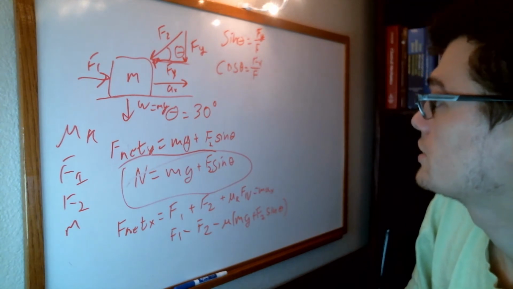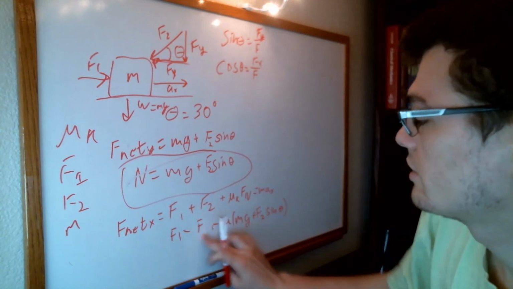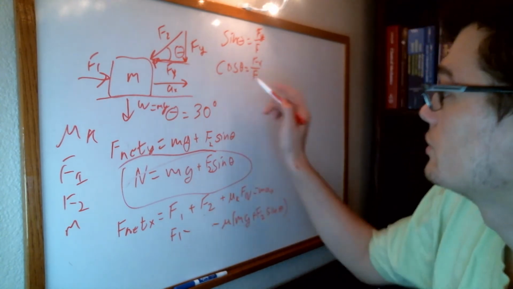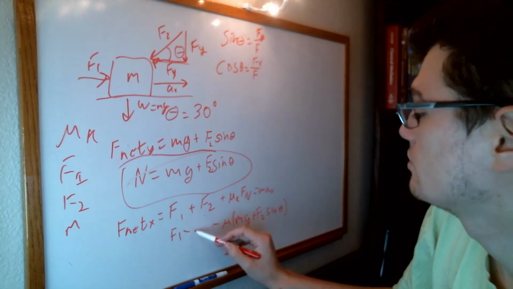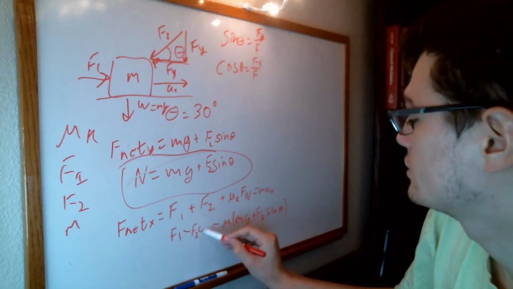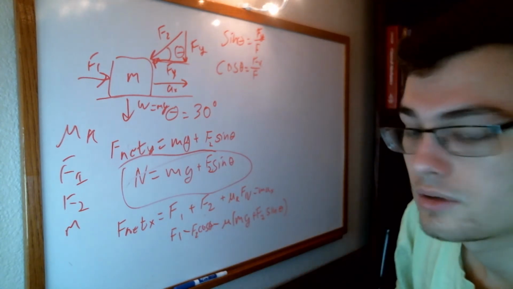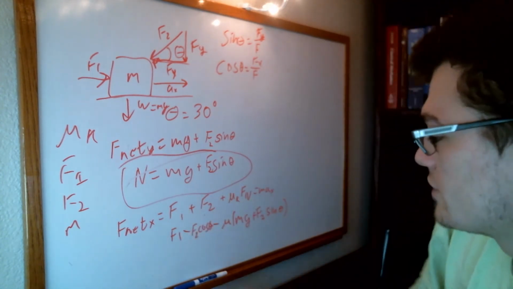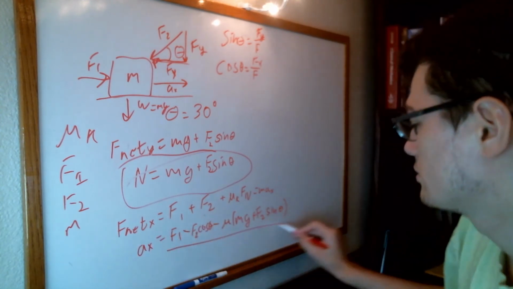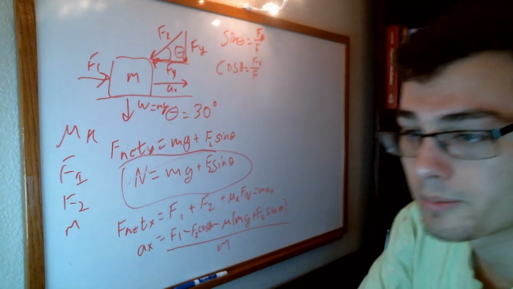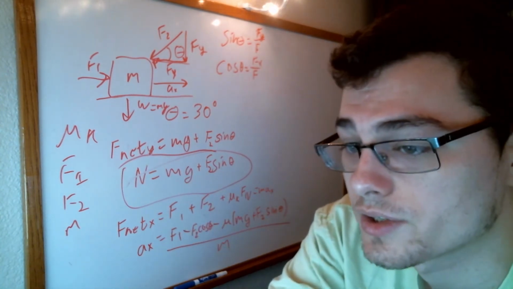In this case, this is going to be F2x. So then we have to substitute in what F2x is, and this is going to be equal to F2 cosine of theta. And then we have to divide both sides by m. So ax is equal to all of this over m. Then you start plugging in your numbers, and that will give you ax.